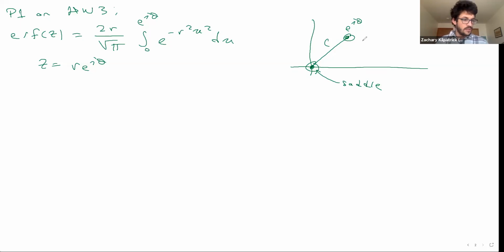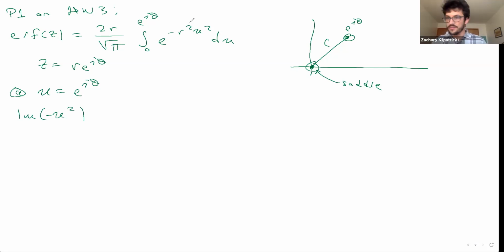And the key here, and this may help you some, is that if you start at u equals i theta, that's going to give you the best clue as to the direction that this contour should go from here. In that case, we take the imaginary part of minus u squared, because now your thing that's big is r squared.